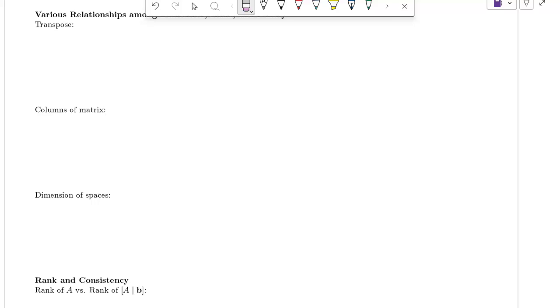However, for column space, how do we find a basis for the column space? You do your reduced row echelon form, look for the columns with the pivots, and then go back and match them up with the columns from the original. Okay? So be careful when you look for those bases for those two different spaces.